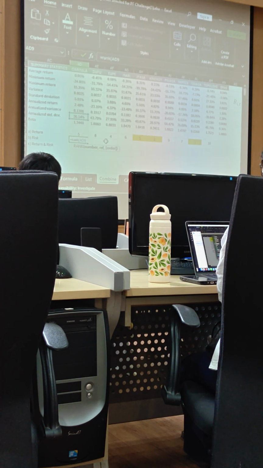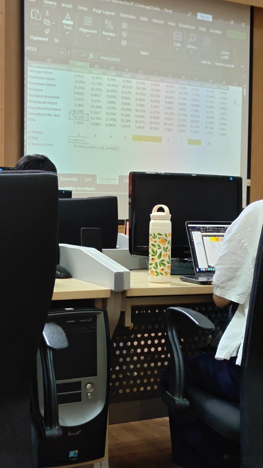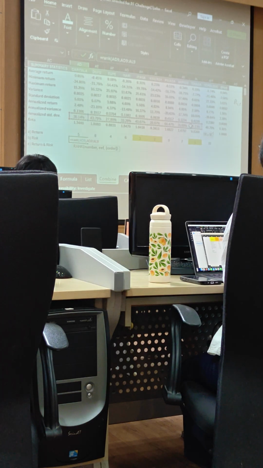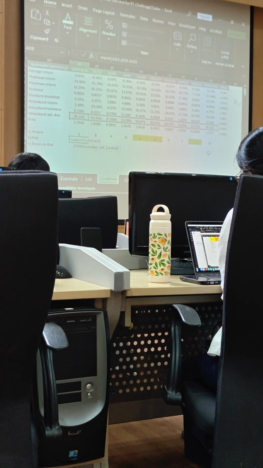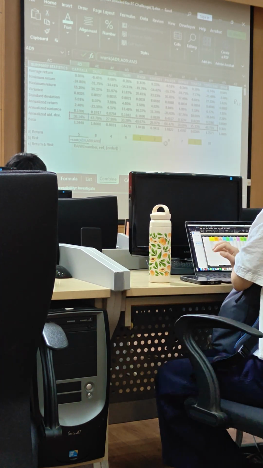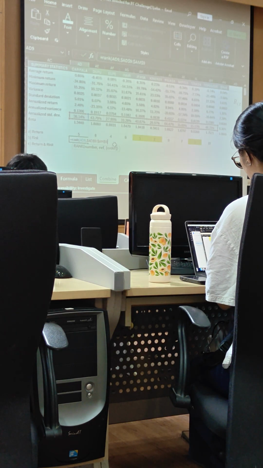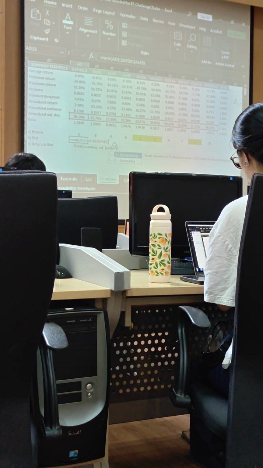Look at this one, annualized standard deviation, and then comma, and then the reference is everything in the portfolio except the title. Highlight that and then press F4. We put all the signs, so we fix those cells, comma.